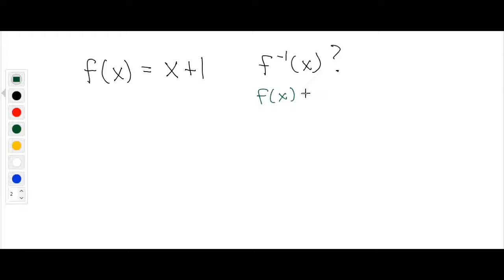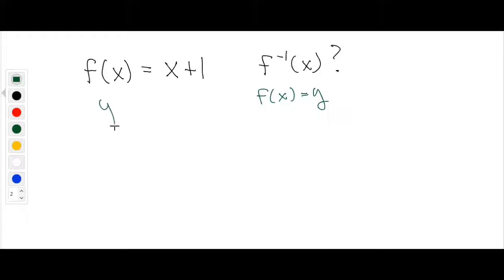Okay, let's start with an easy one. Let's say we have a function f of x equals x plus 1. What is the inverse of f of x? The first thing I would do is call f of x equal to y.